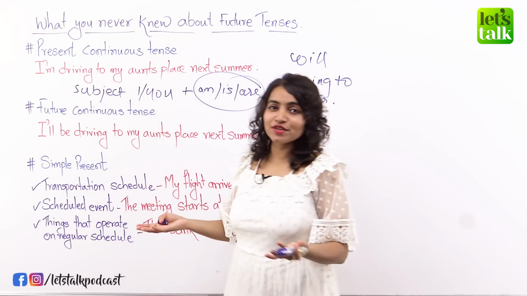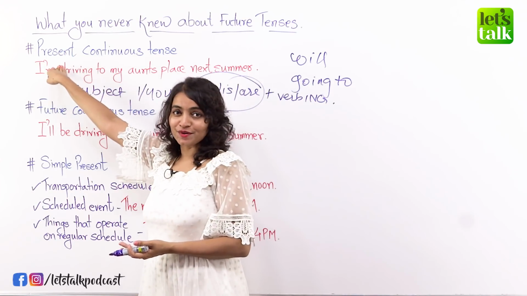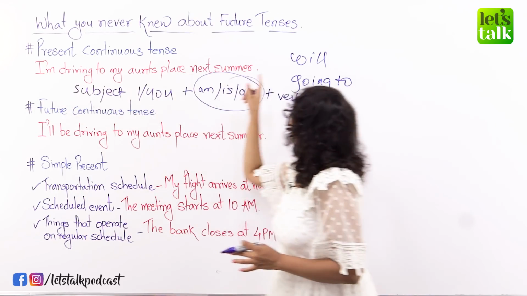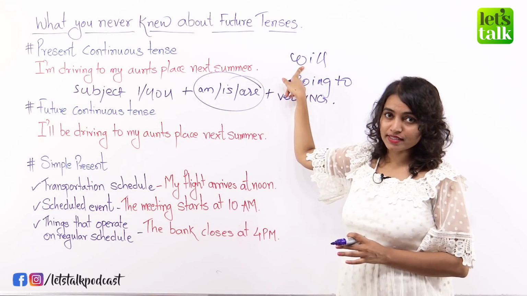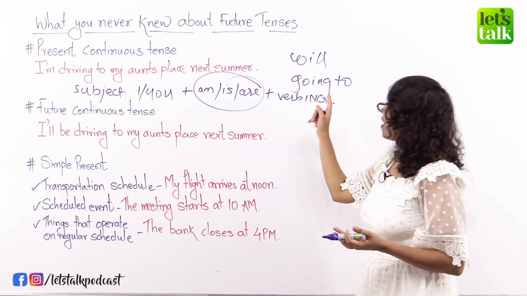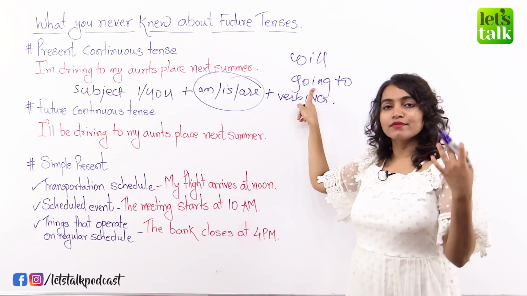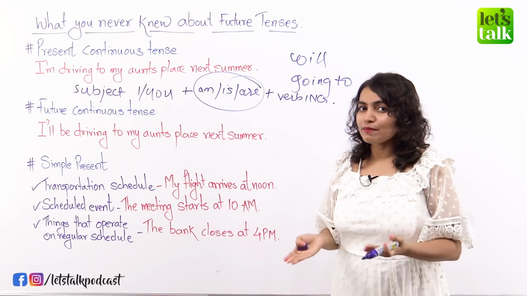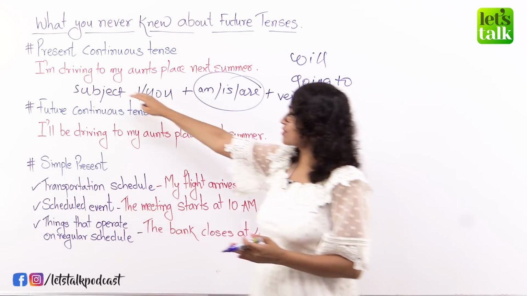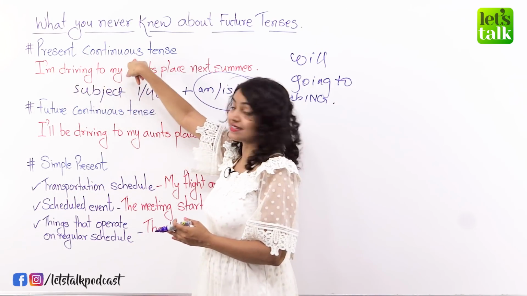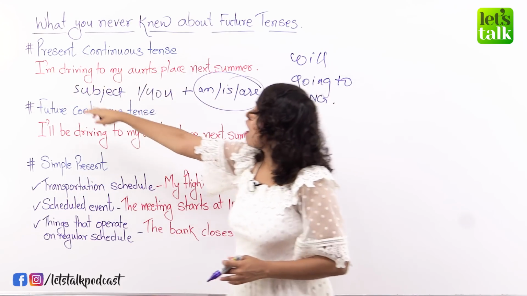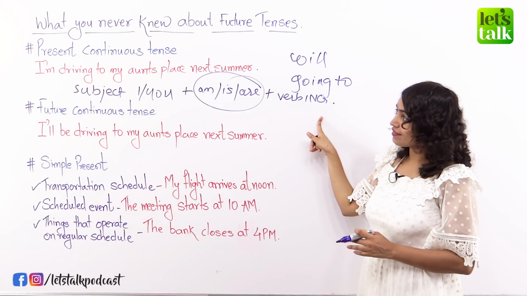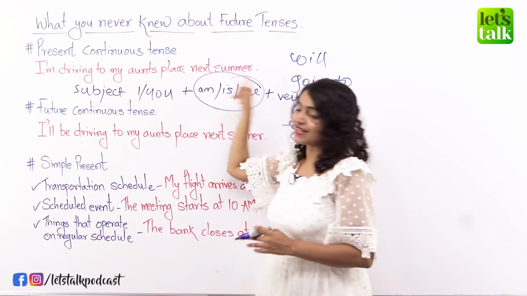But how can you use that to talk about the future? Let's think about it. I could say, I will be going to my aunt's place next summer. Or I could be boring and say, I am going to my aunt's place this summer. Both are correct, but we don't want to be boring. So we use the help of the present continuous tense instead and say, I am driving to my aunt's place next summer.